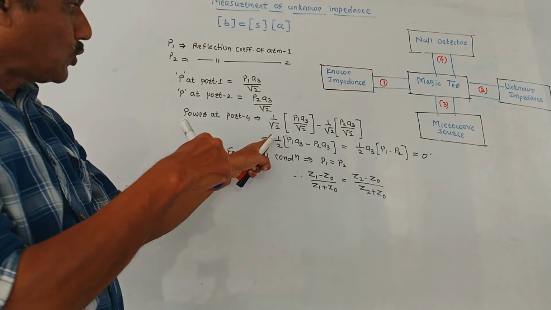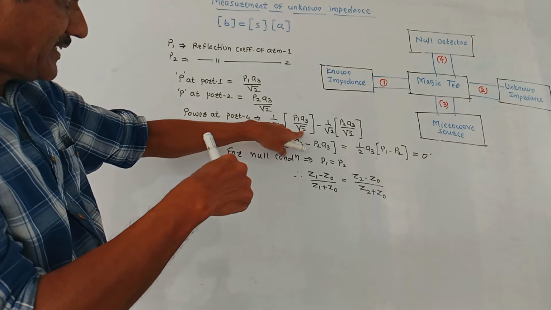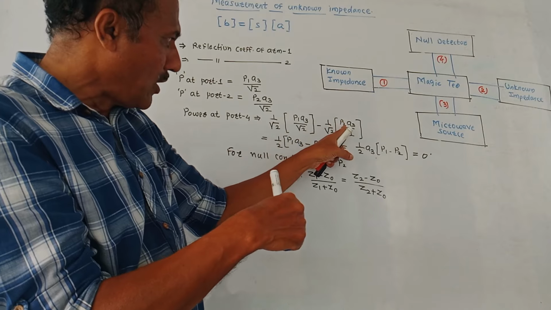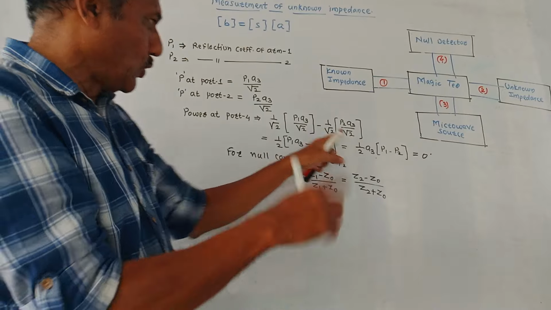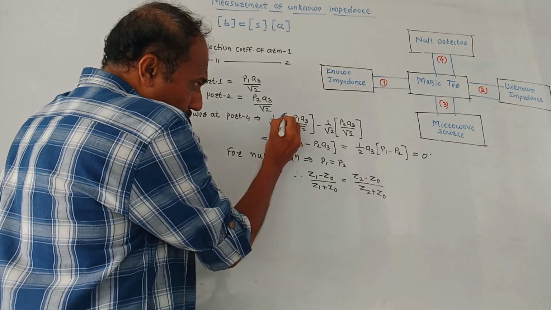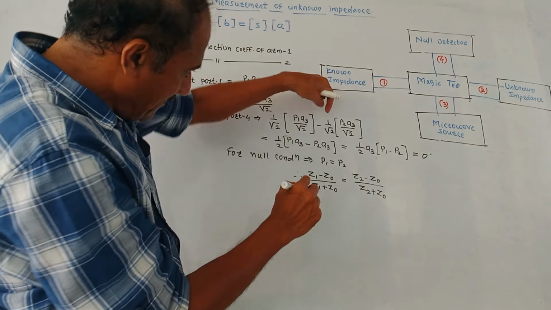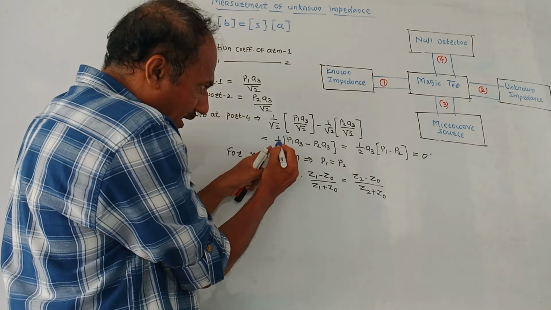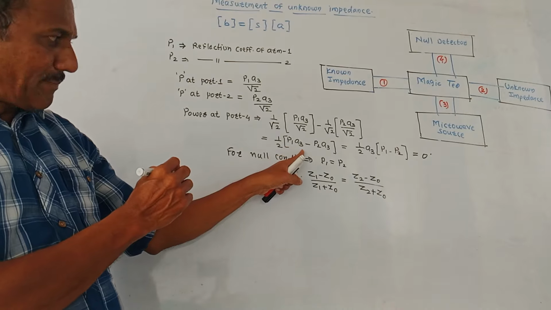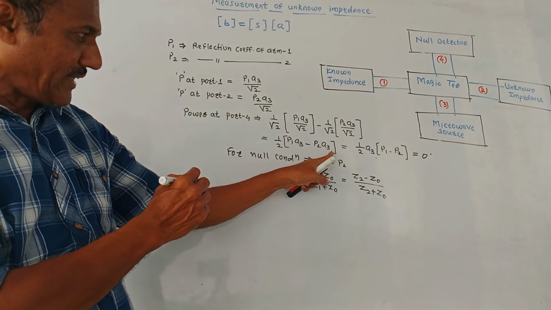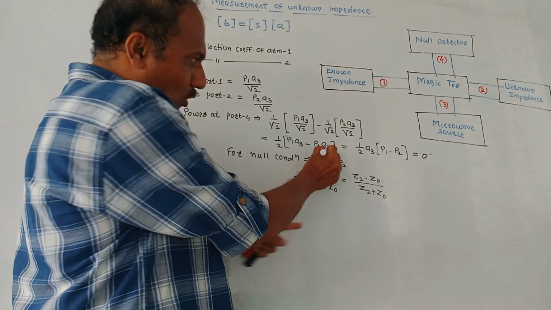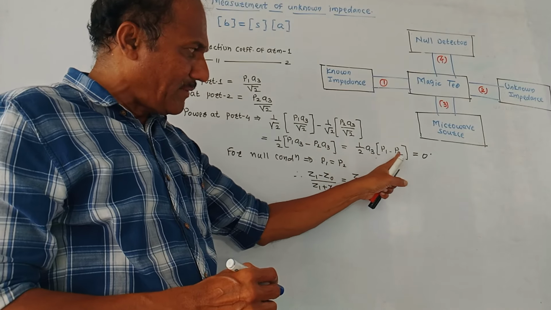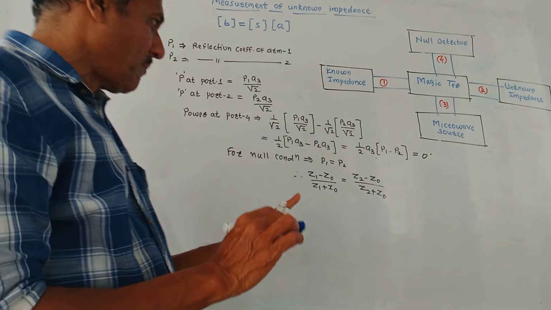So 1/√2 times this value P1 A3 upon √2 minus the second value P2 A3 upon √2. This 1/√2 into 1/√2 becomes 1/2. I have taken 1/2 common. So 1/2 inside the bracket P1 A3 minus P2 A3. Again take A3 common. So it becomes 1/2 A3 (P1 minus P2) is equal to 0.